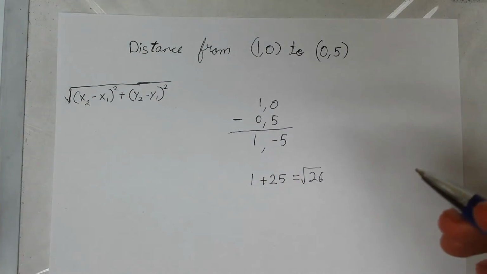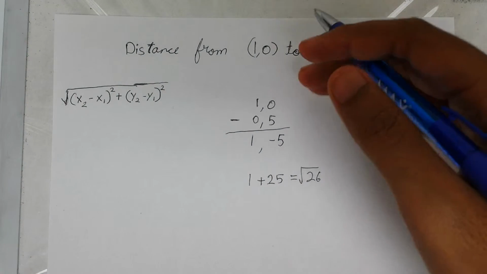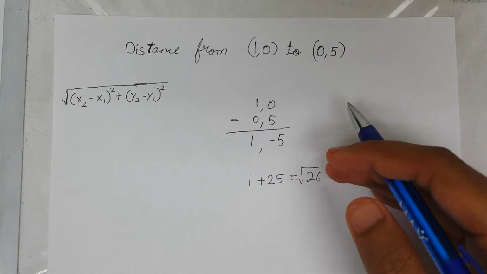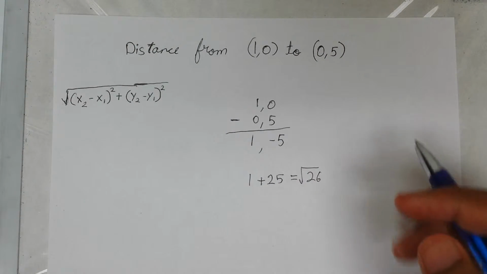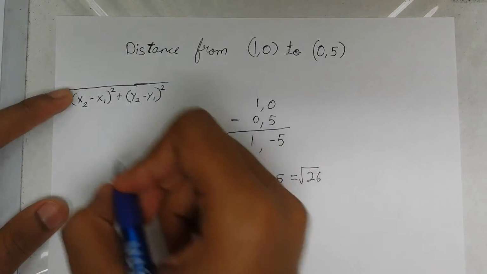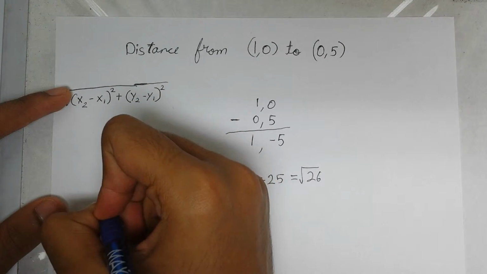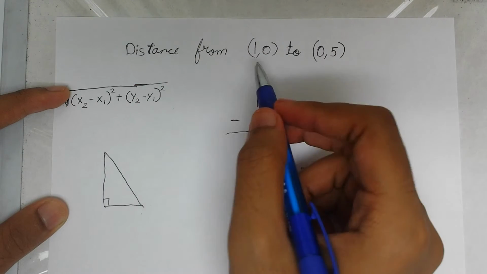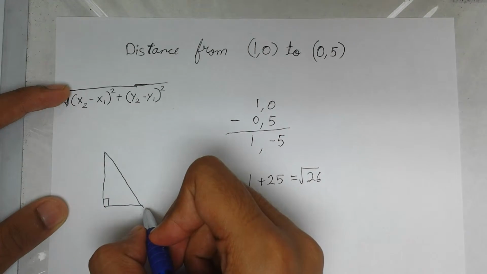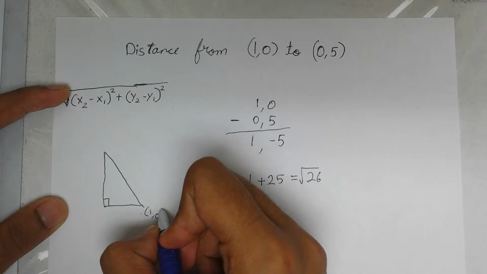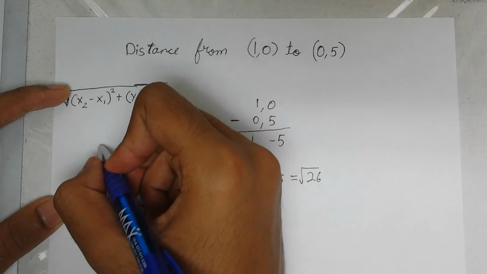So let me show you how doing this can get you the actual distance. So imagine if this is a right triangle. Imagine a right triangle, and this coordinate is 1, 0, and this one is 0, 5.